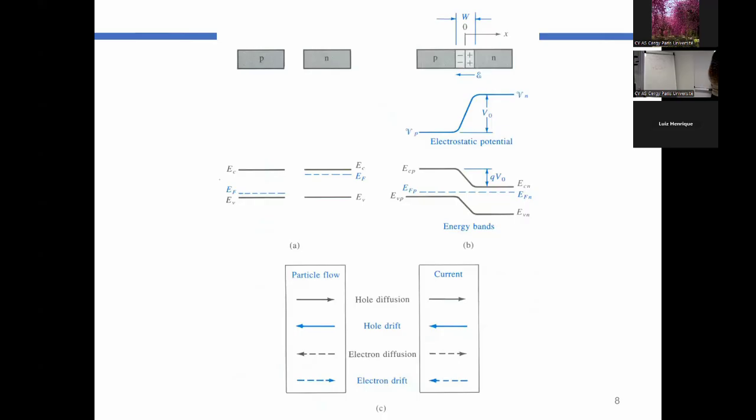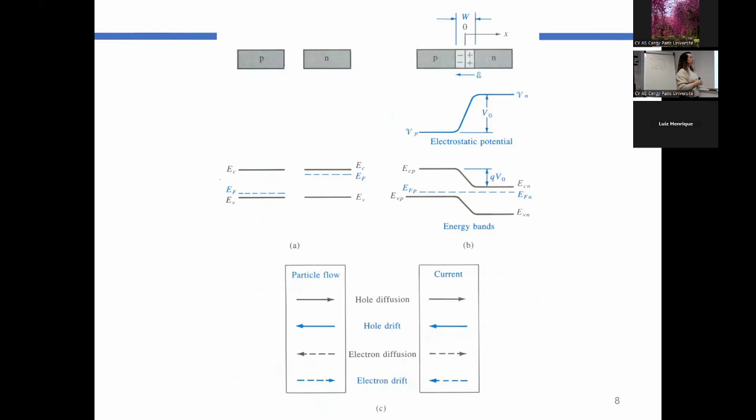What will occur because of the diffusion is that the energy of the valence band will decrease for the n-type and increase for the p-type. So we have this movement of energy levels, and the alignment of the Fermi level will be on that.